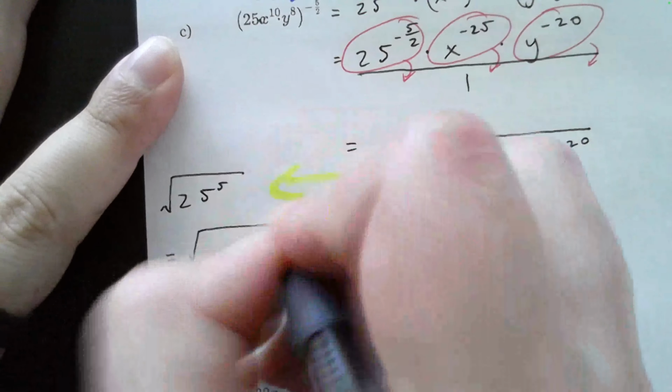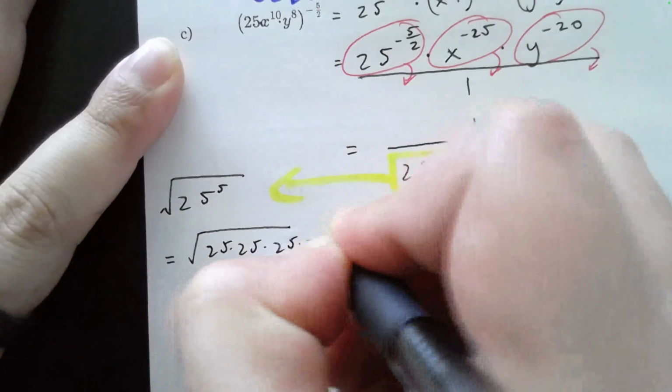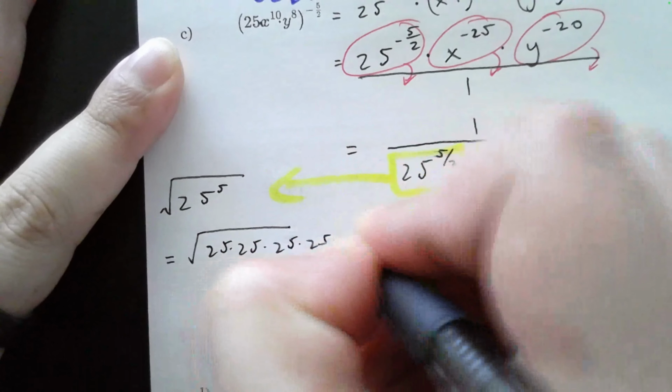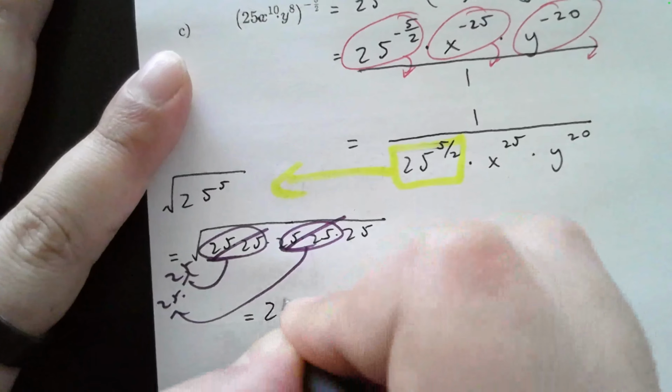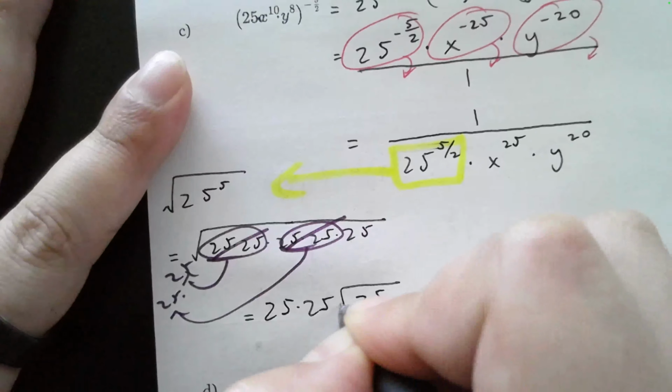A lot of you can do this in your head, so that's why I ask. But if you can't, that's what it means. It has 2 groups, just like you just said. 1, 2. So 25 and 25 can come out. That leaves a 25 on the inside, though. So we get 25 times 25, and then I get a square root of 25 left over, right?